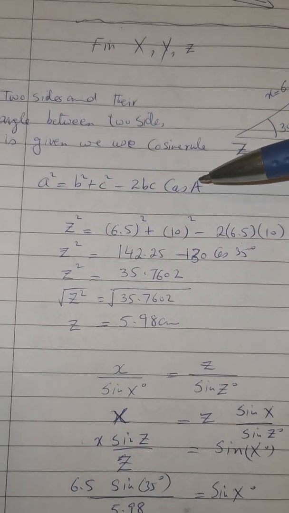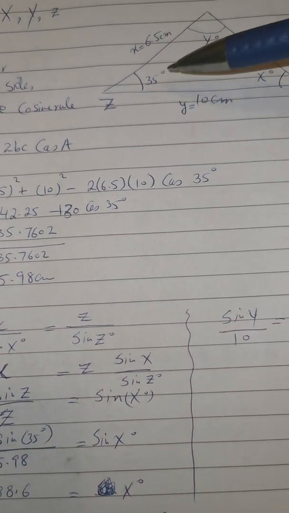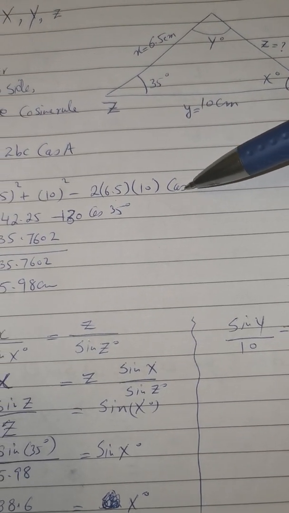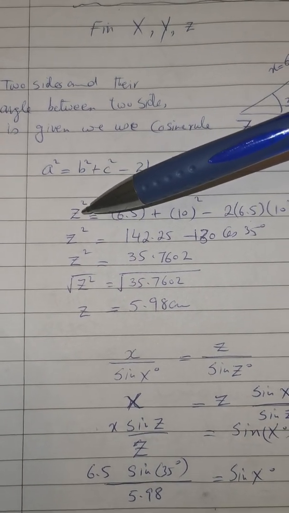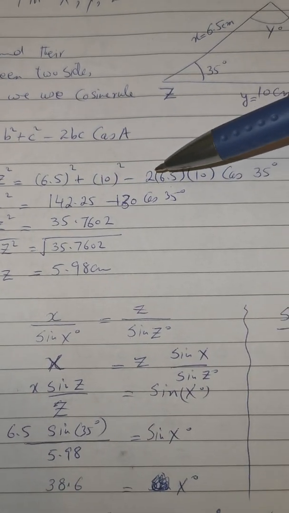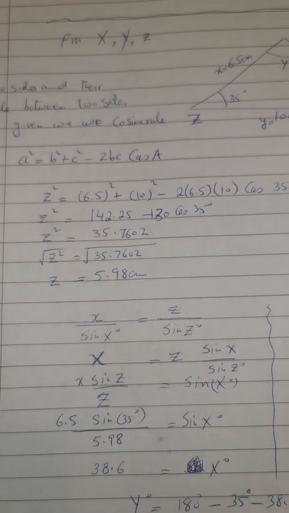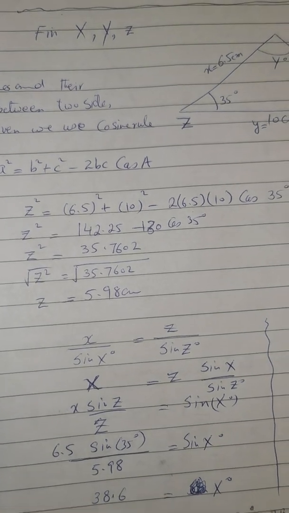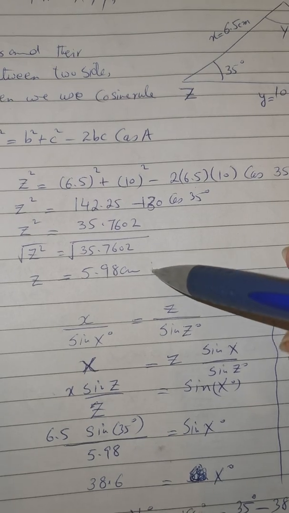This thing you have to remember. So if only one side is given, which is Z, cos of Z, it means here will be Z square. Then it's very easy. The other sides are x square plus y square minus 2 times the product of x, y and cos of 35 degrees, right? In this way we apply the cosine rule. Then we simplify it and we will get the value of Z.